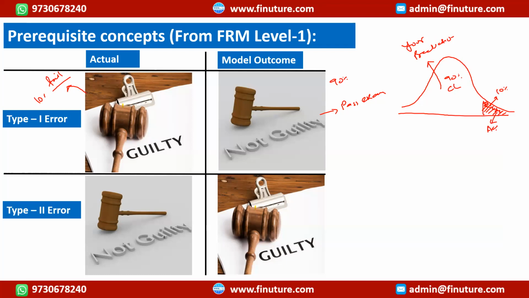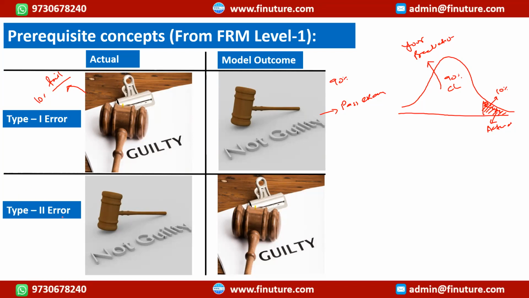So this was predicted and the actual came from the error area. So we can say that the error scope is 10%. So 10% of the times you may end up getting a result against your prediction. So that's the type 1 error.